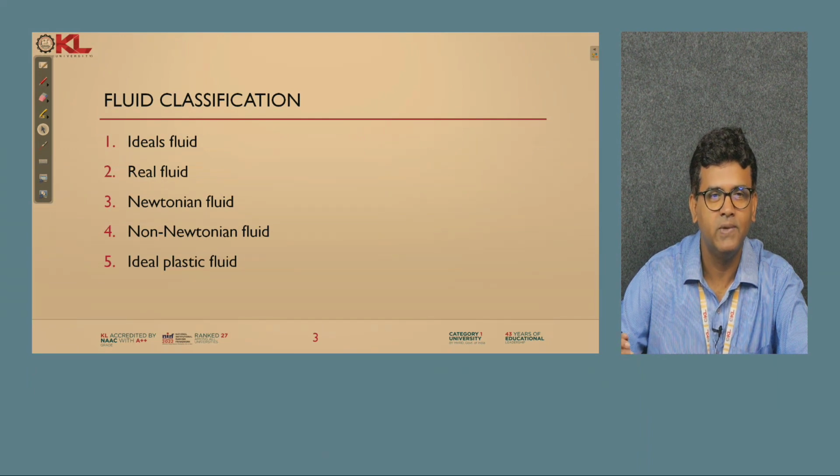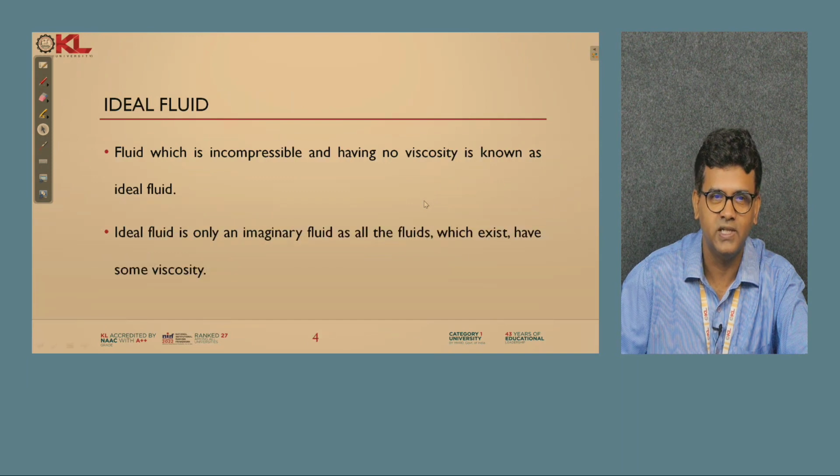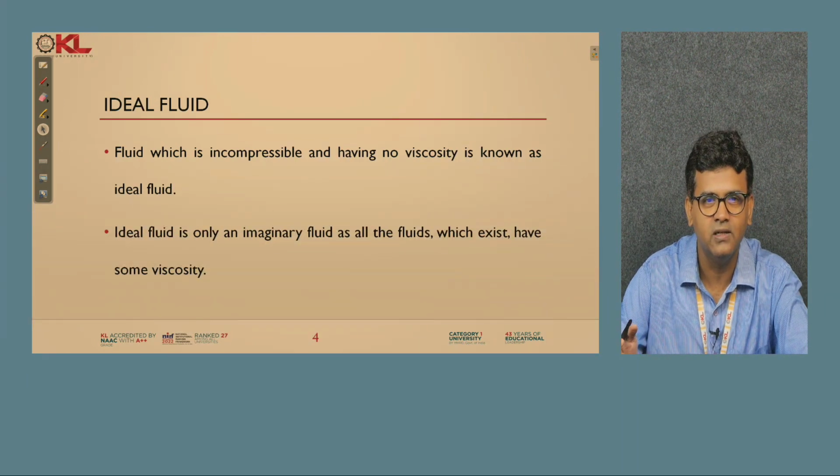We will go one by one, defining each type of fluid classification. So the first one is the ideal fluid. What is an ideal fluid? The name ideal suggests that it is imaginary, that it does not exist in the real world.